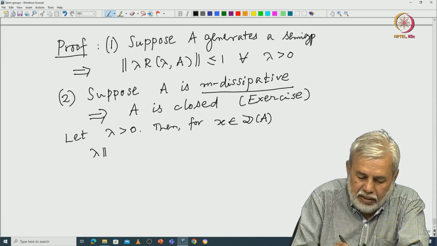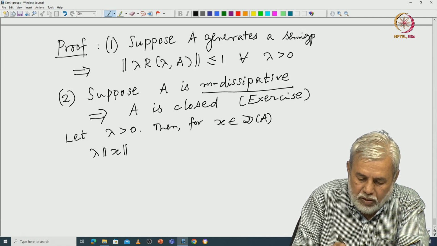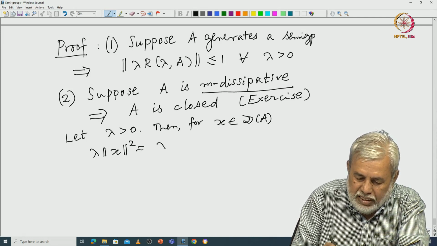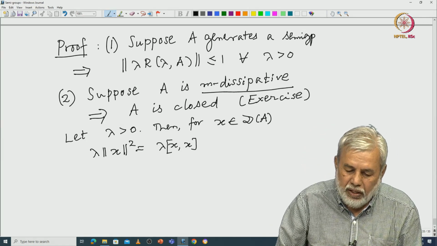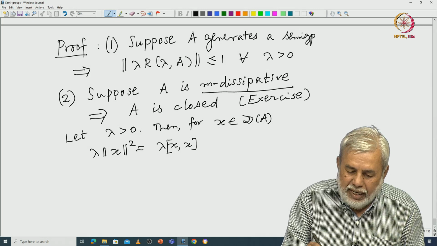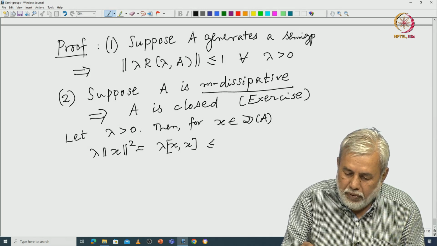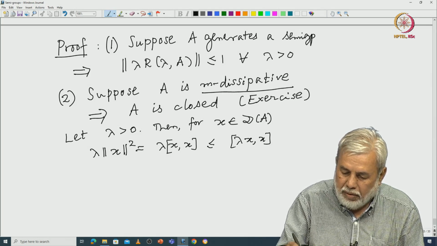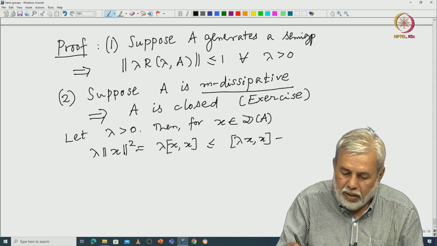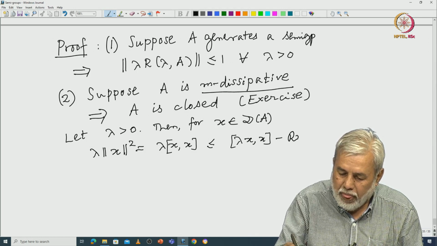This is the property of the semi inner product, and I write it as less than or equal to lambda x plus real part of minus real part of Ax, x.